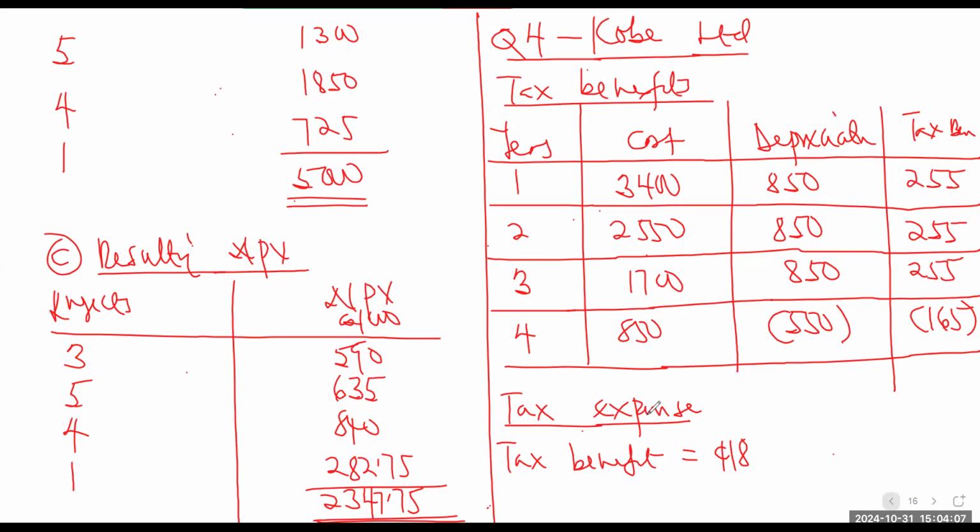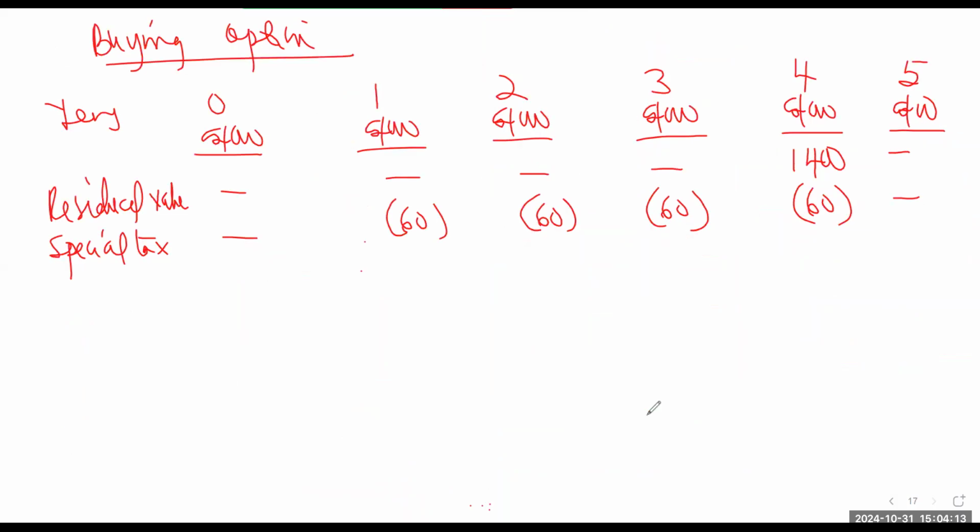What are you getting? 273. Okay. So the tax benefit for the first year will be 273. But these taxes are paid in arrears. So you come over here, the tax benefit will also be in arrears. That's why we are adding to have 273. The special tax, you are paying this at the end of every operation.